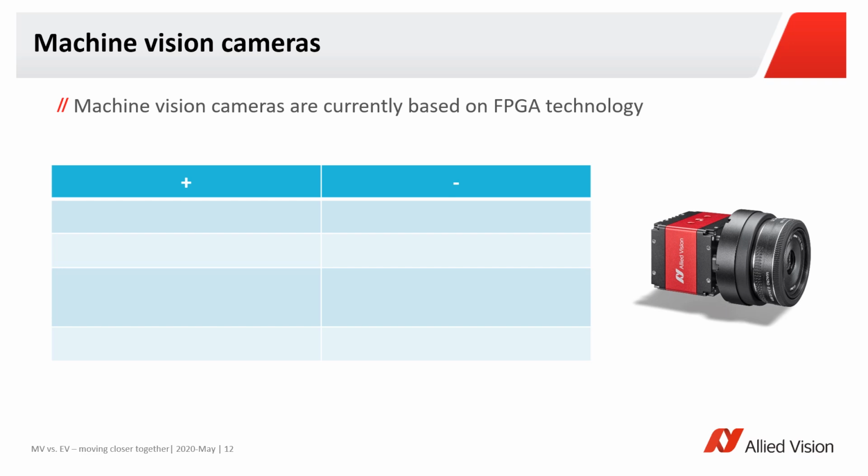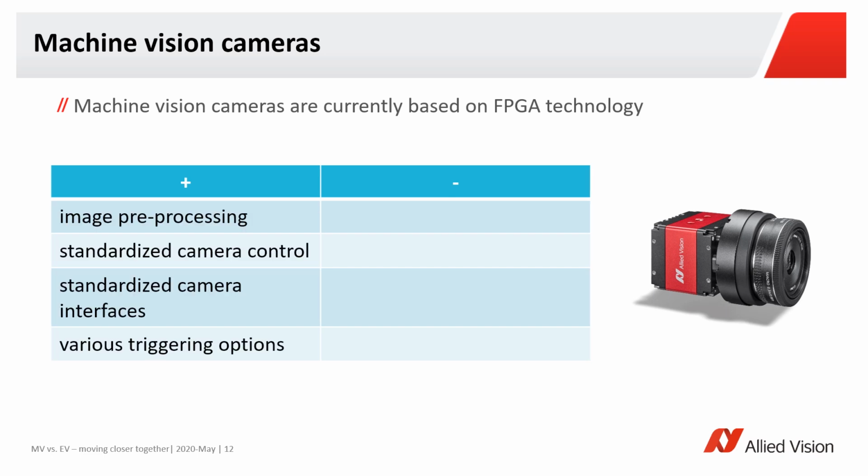So if we now compare the two cameras, starting with machine vision cameras, what are some pros and cons of a machine vision camera? So they are currently based on FPGA technology. So they have some good image processing capabilities. And with the GenICam standard, we have a very standardized camera control.